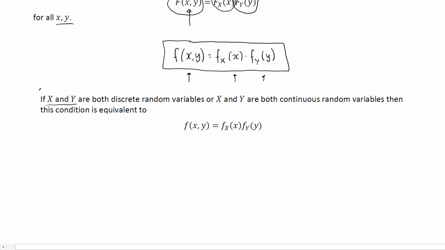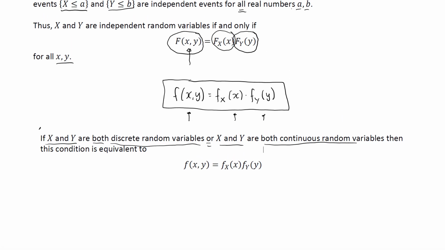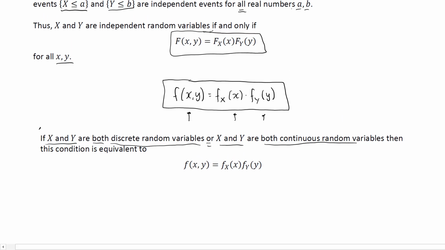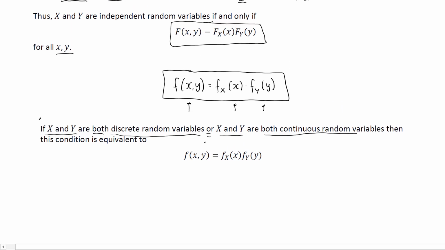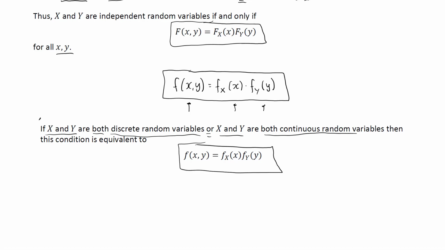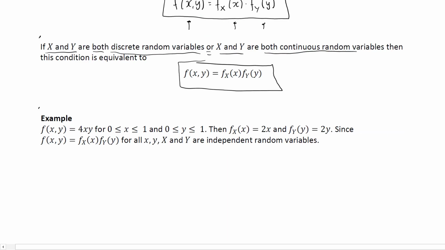If X and Y are both discrete random variables, or if X and Y are both continuous random variables, then the condition on the CDFs is equivalent to a condition on the PMFs in the discrete case and the PDFs in the continuous case.